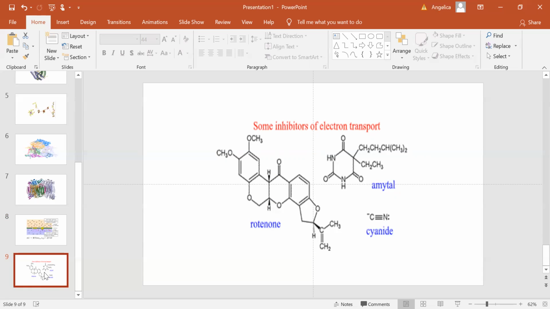Recall that the functional form of iron in Hb is the +2 oxidation state, when it can bind oxygen or carbon monoxide.